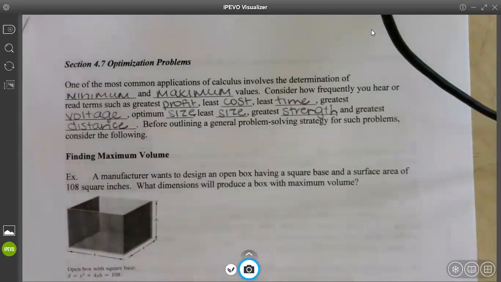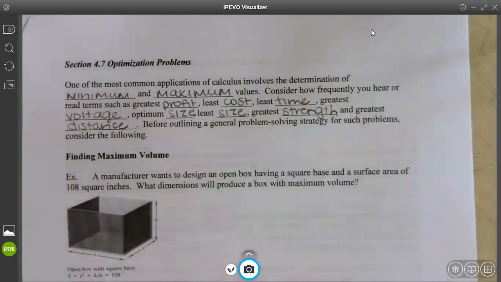And again, you may not have heard of all of those, but some of these you use a lot, and you don't even realize you're using it. Like your least cost, that's kind of like bargain shopping. Are you getting the most bang for your buck?